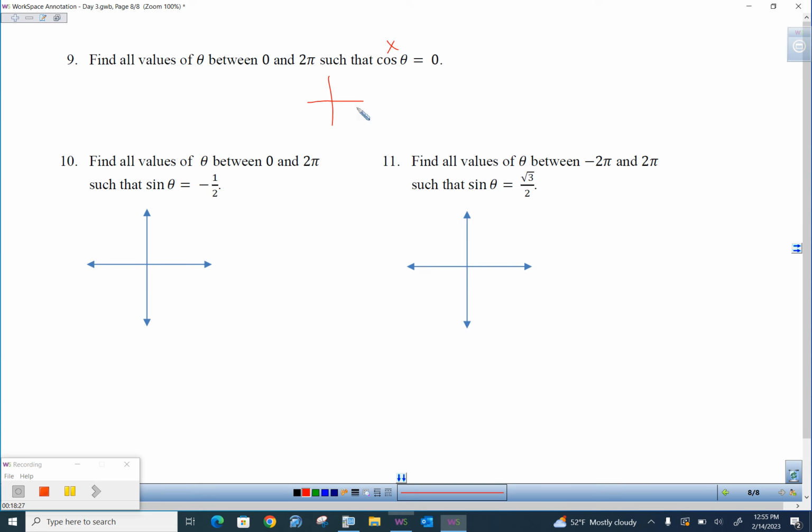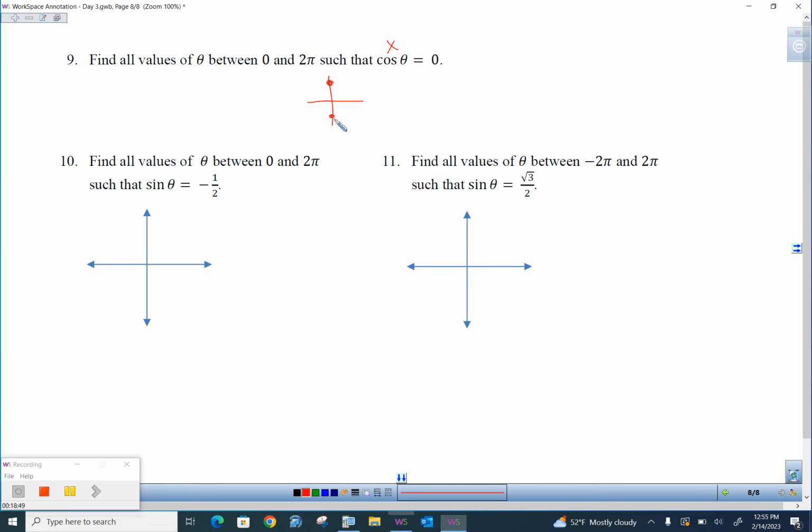So for us, we want to talk about where x values are 0 on a graph. So that means we're going 0 left and right, so I have to be at the top or at the bottom of my circle. Okay, x equals 0 is this whole y-axis, but I only care about points that are on the unit circle. And we talked about this last time.